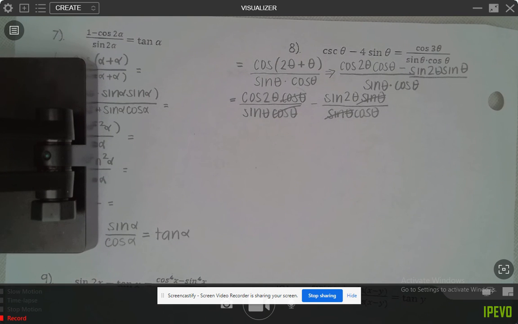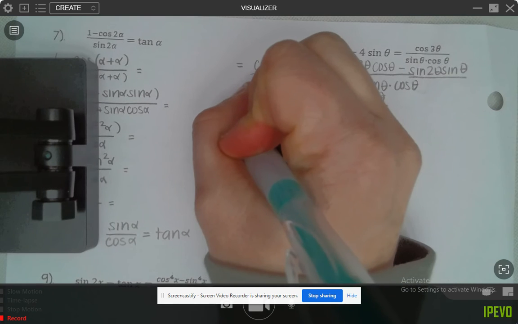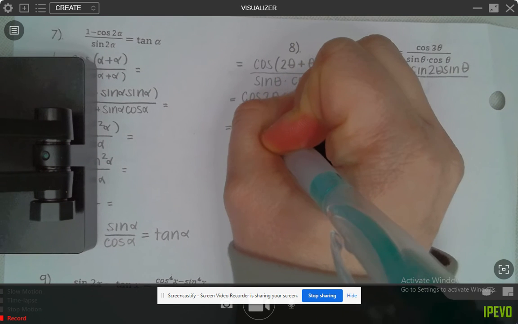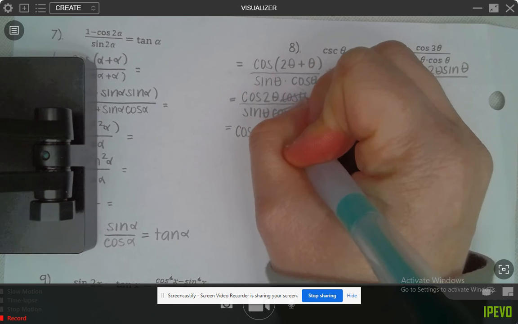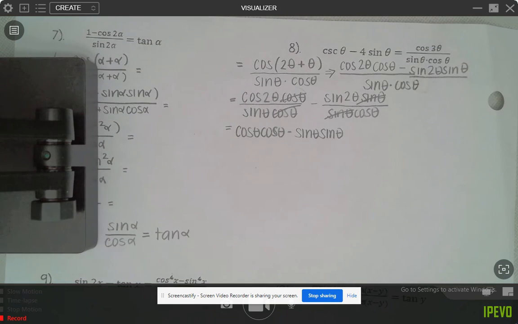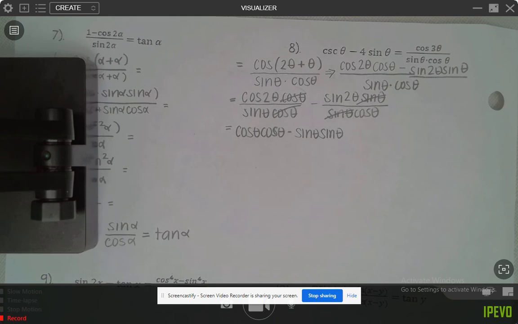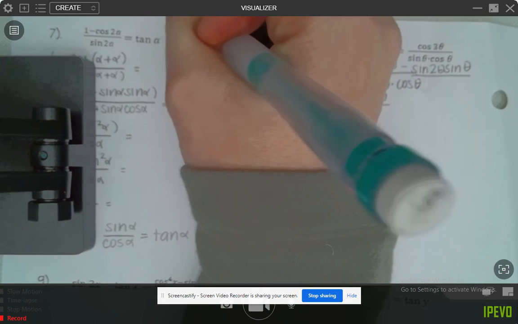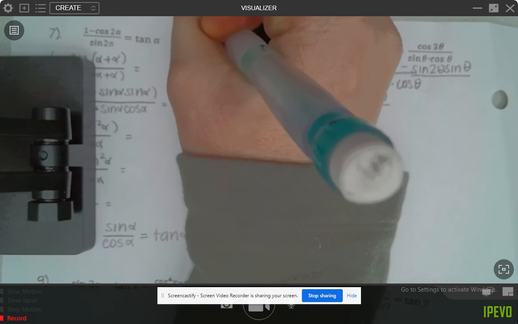Well, cosine 2 theta can be written as cosine theta minus sine theta. Does everybody know how I got that? So I took this and made it into theta plus theta.